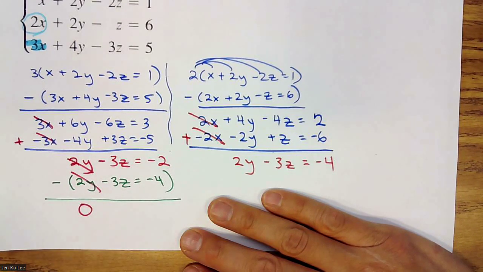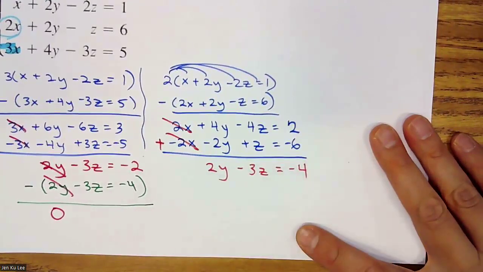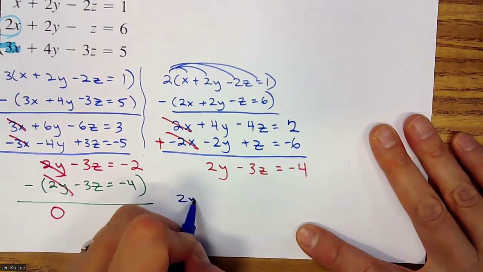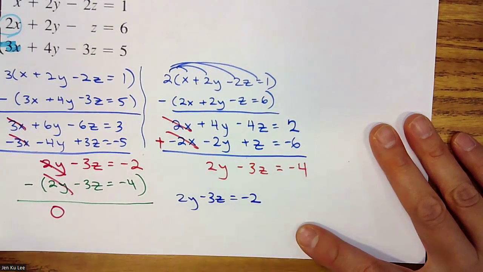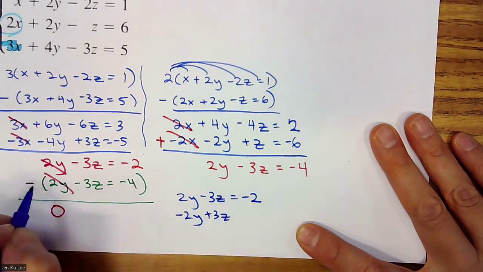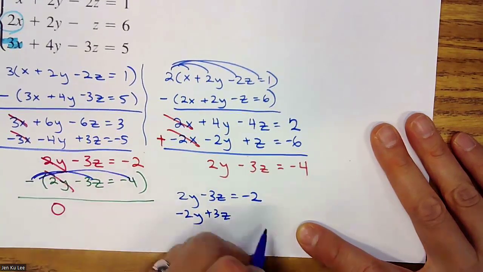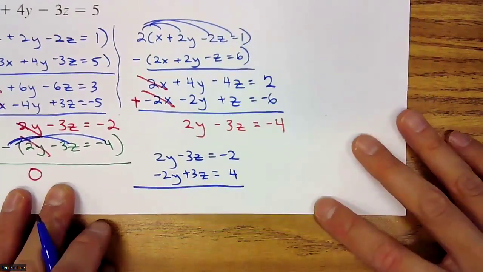Or you know what? I skipped a step. So 2y minus 3z equals negative 2. Negative 2y plus 3z, distributing out the negative here, equals positive 4, right?